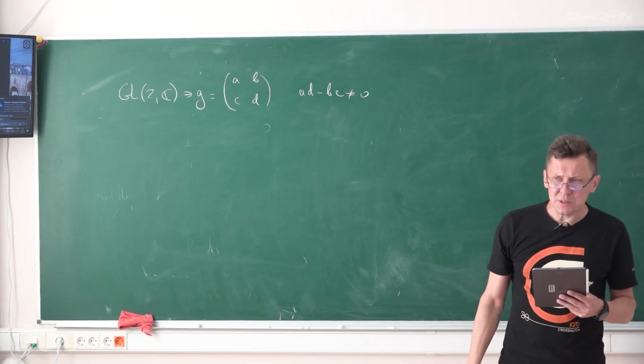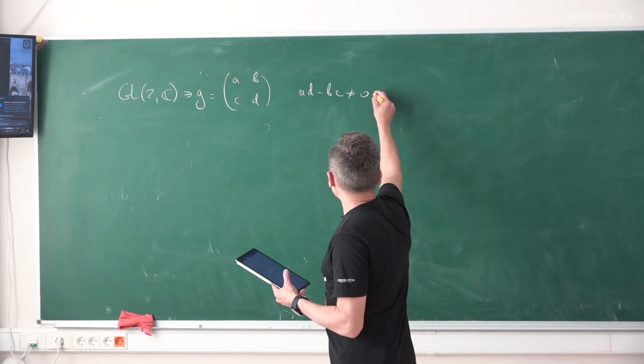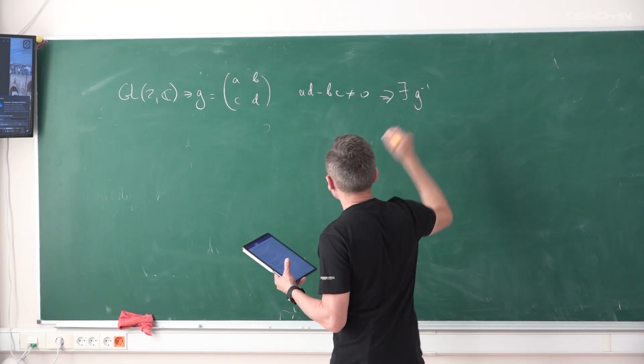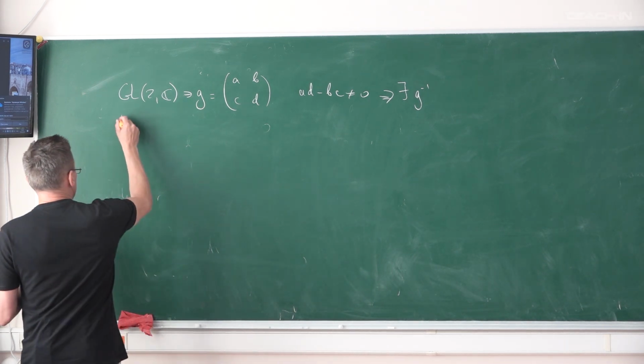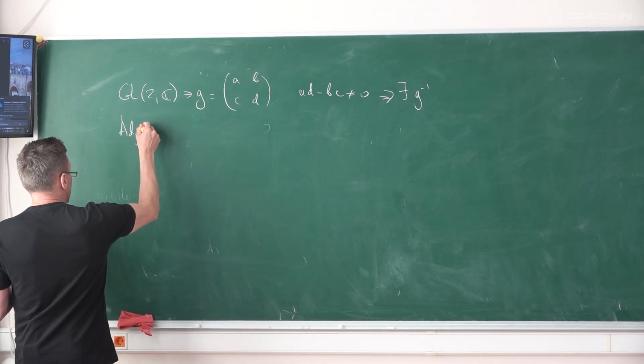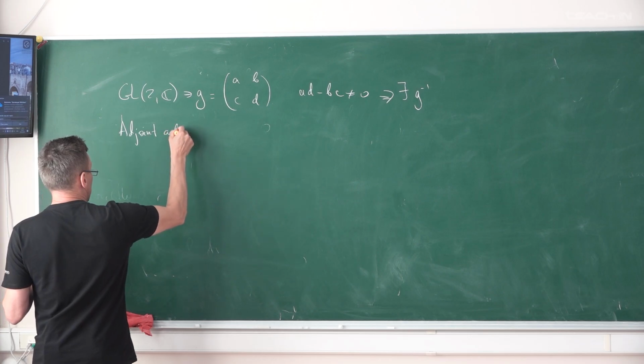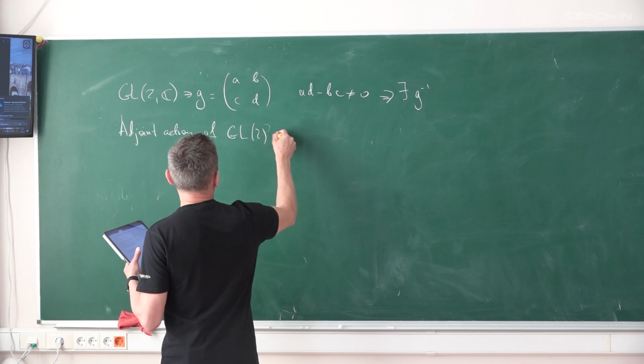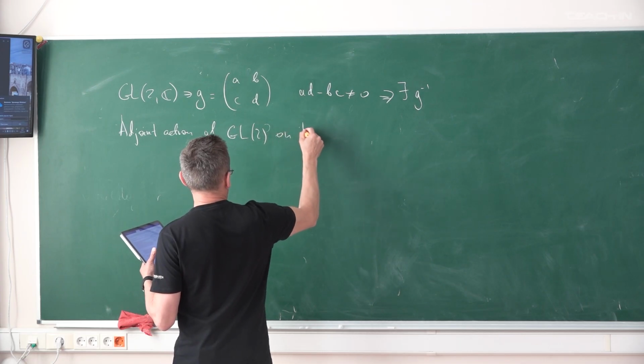It means that G is invertible. There exists G minus 1. And the adjoint action of GL2 on itself.